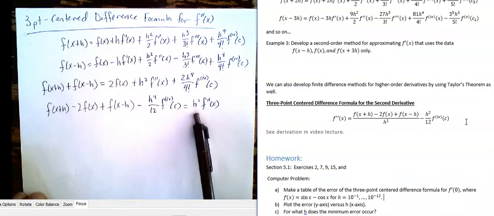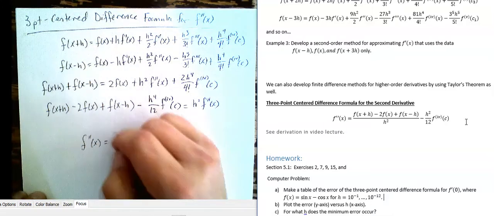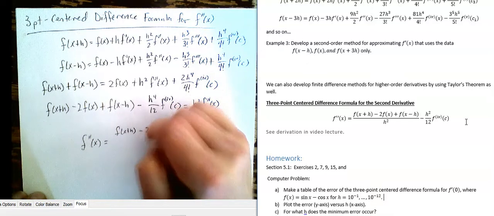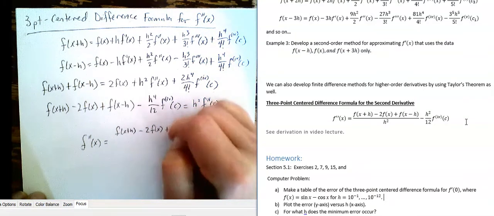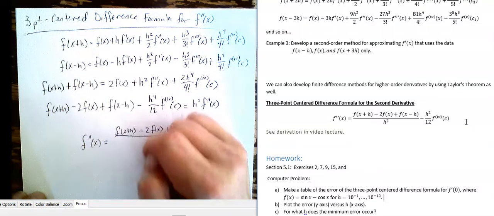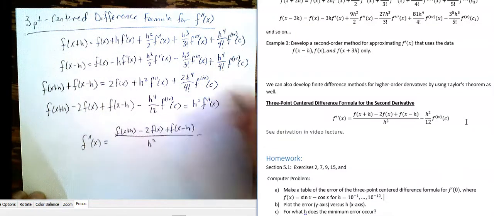Alright, all we have to do is divide by h squared, so f double prime of x is equal to f of x plus h minus 2 f of x plus f of x minus h all over h squared, minus our error term.